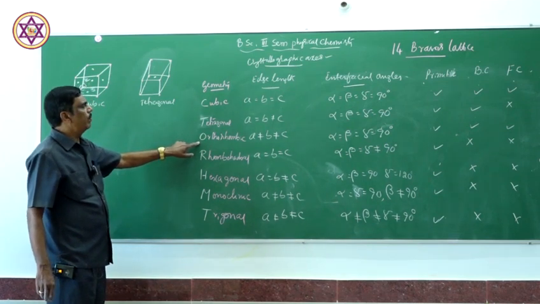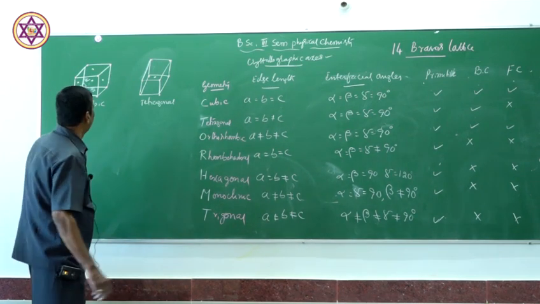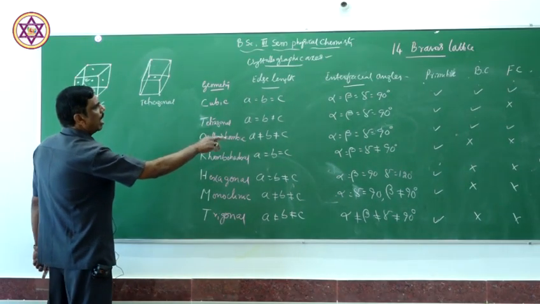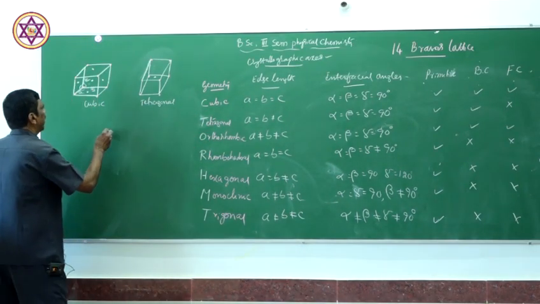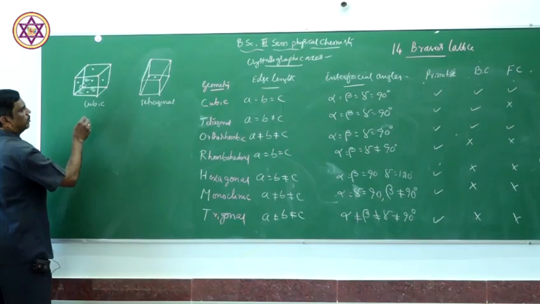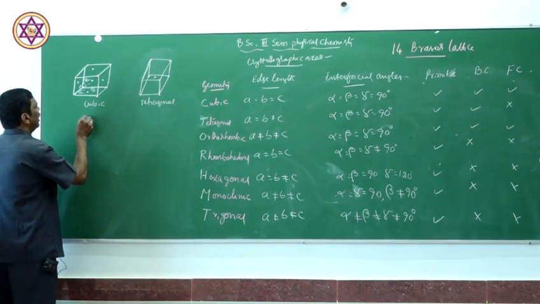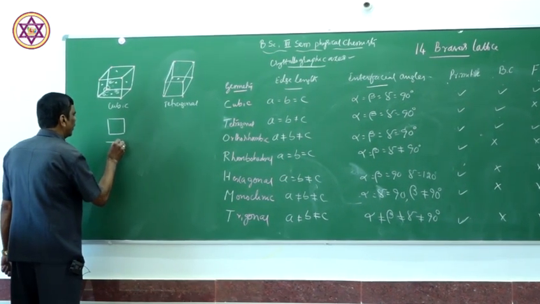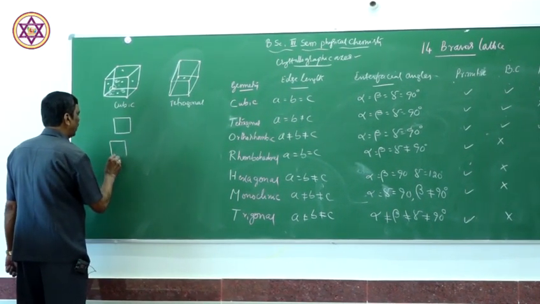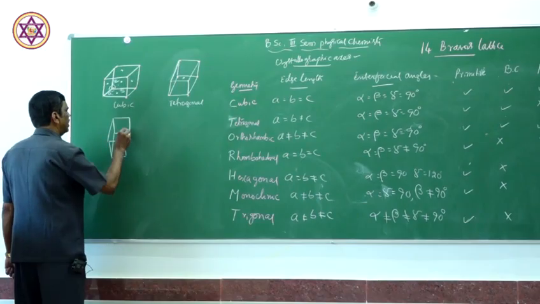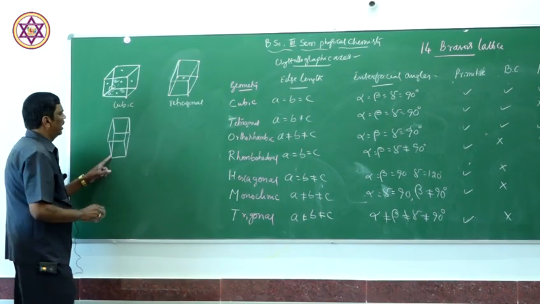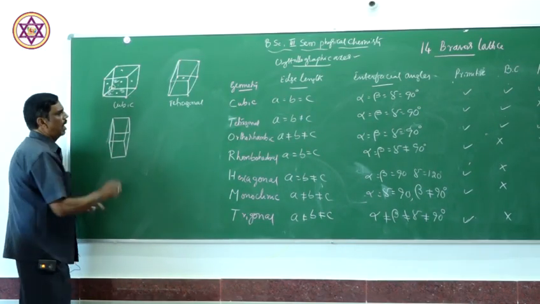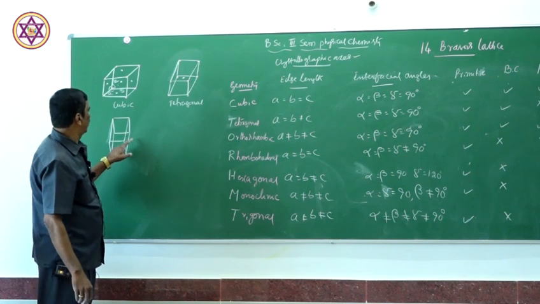A is not equal to B, not equal to C, and all the angles are equal to 90. See this, A is not equal to B, not equal to C, and alpha is equal to beta is equal to gamma is equal to 90.